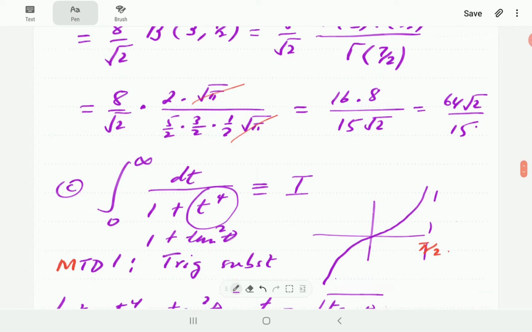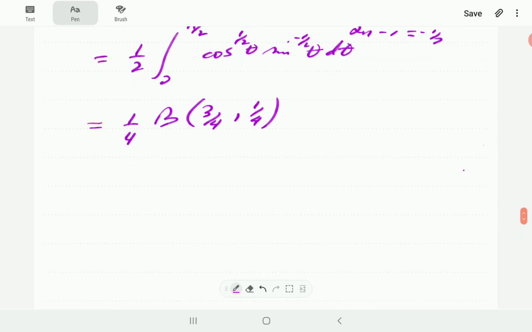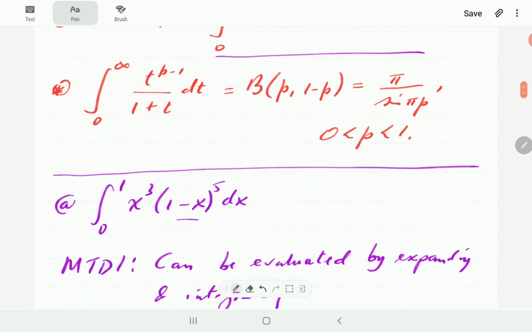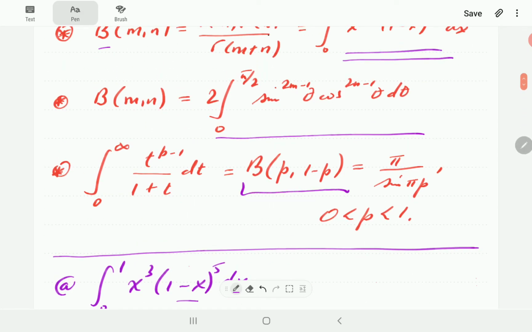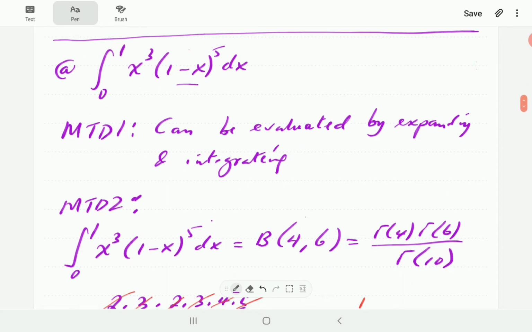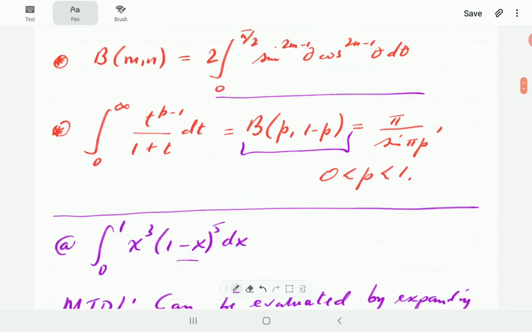Now, because these two add up to 1, then we have this type of situation here where p, well, we can make p to be 1 over 4, or p we can make it to be 3 over 4.